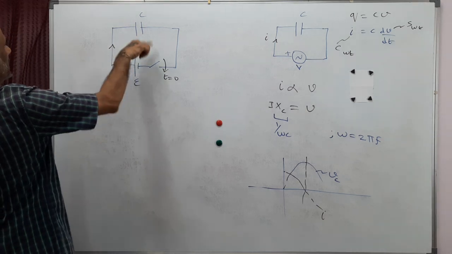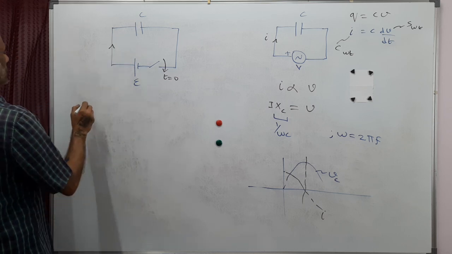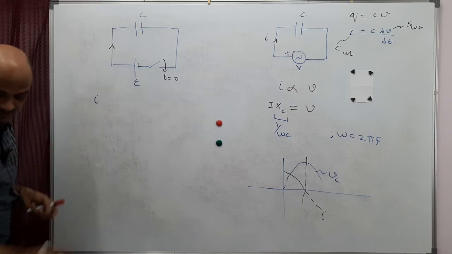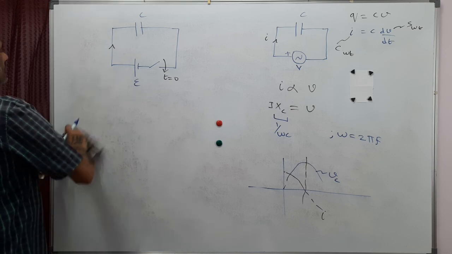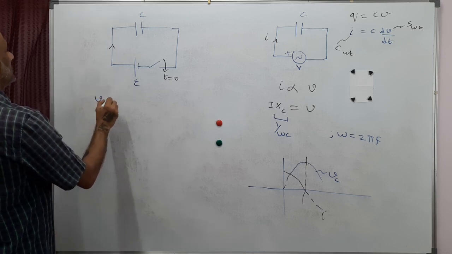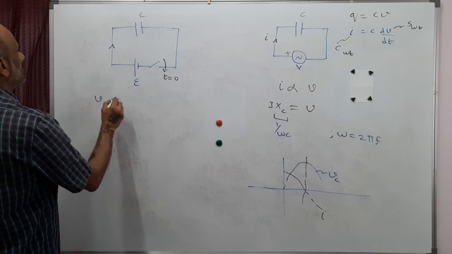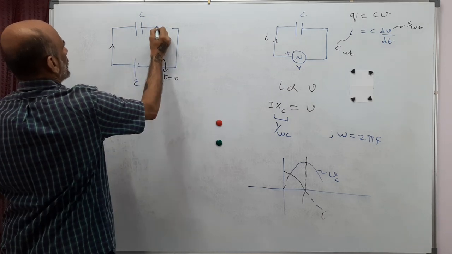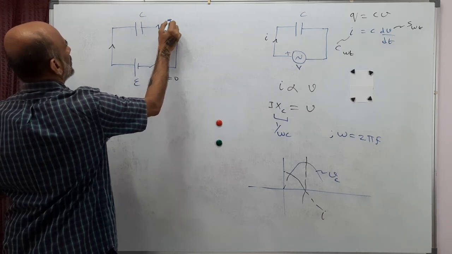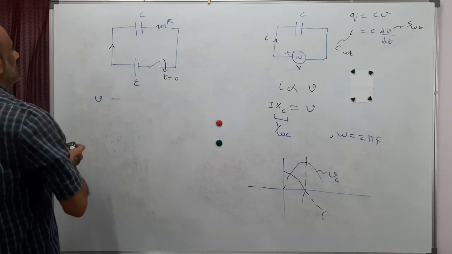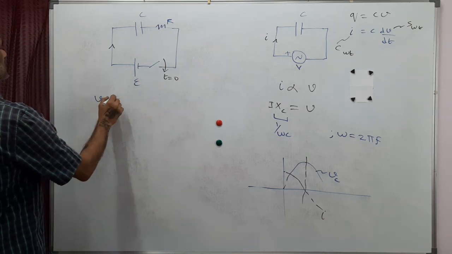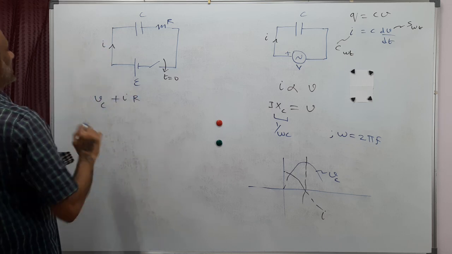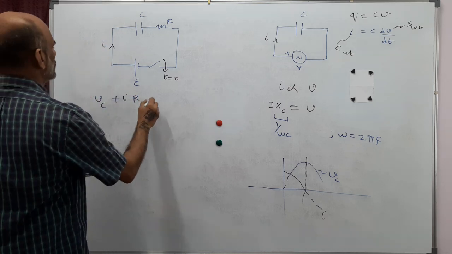So writing KVL in this loop, this is the RC circuit, there is a resistor also. So voltage across the capacitor, that's VC, plus I into R, where I is this time varying current, equal to the supply voltage E.